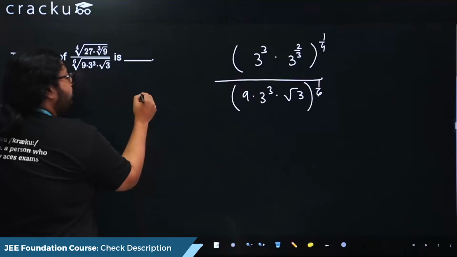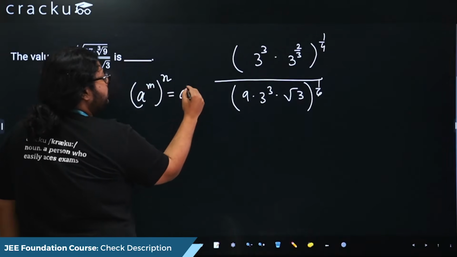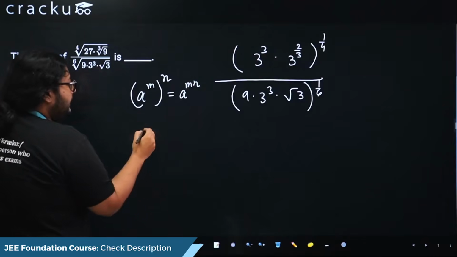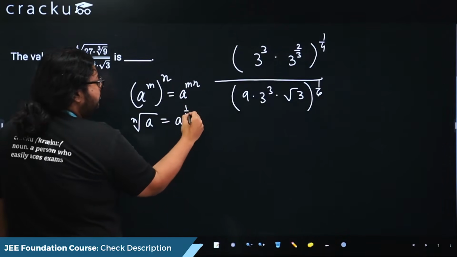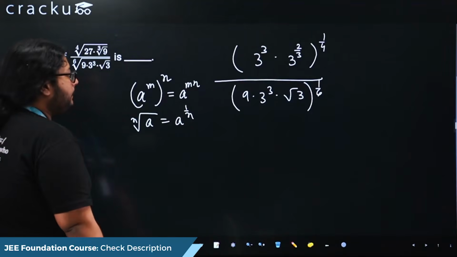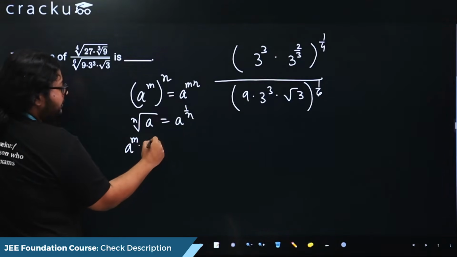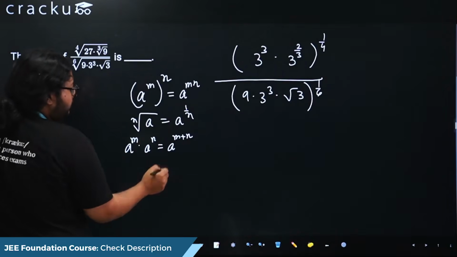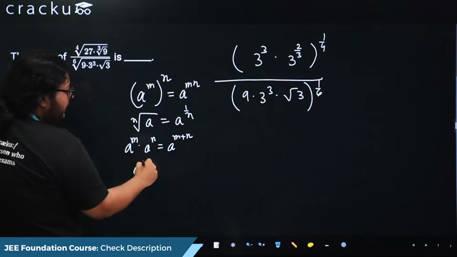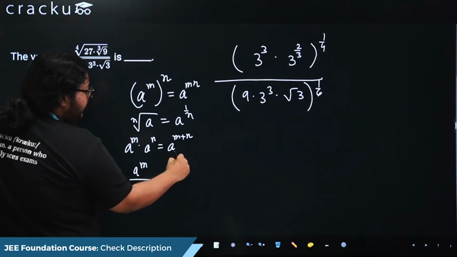We are using these properties basically. A to the power m whole thing to the power n is a to the power mn, and the nth root of a is a to the power 1 by n. And we'll use another property here, a to the power m into a to the power n is a to the power m plus n. And another one also, a to the power m divided by a to the power n is a to the power m minus n.